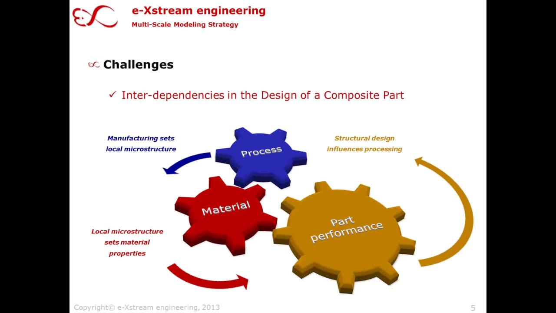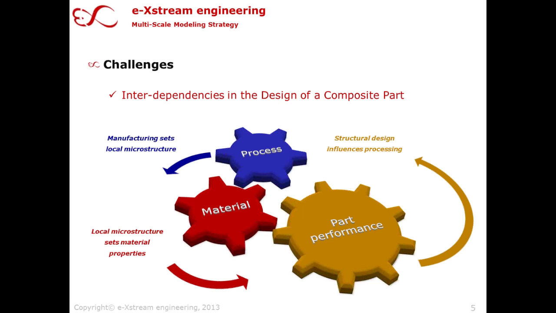So interdependencies, what do I mean if I say that? It's really that the part performance is not purely coming from some kind of average material property that you define on a part, whose geometry you have drawn in some CAD tool, and then you put it into your FEA software. Now, for composite materials, material properties are locally differently distributed over your part.